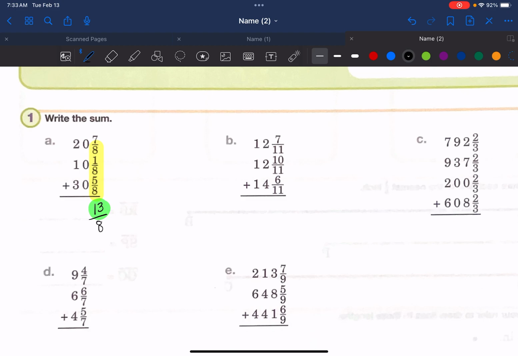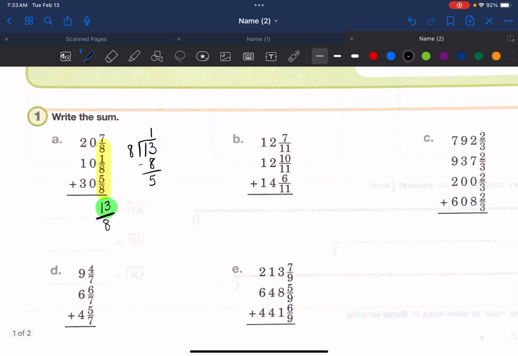So in order to change a fraction into a mixed number, remember this fraction bar also means divide. It literally means 13 divided by 8. So that's what we're going to do. Okay, that goes in there one time, which is 8. When we subtract it, we have a remainder of 5. So my fraction is 5/8.